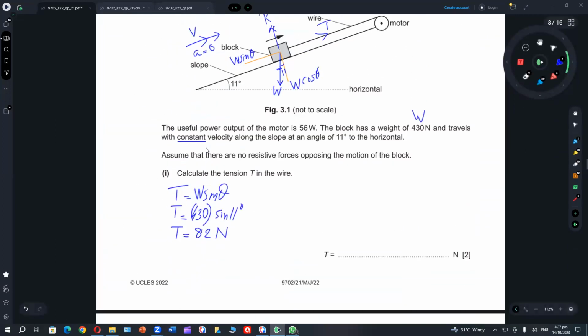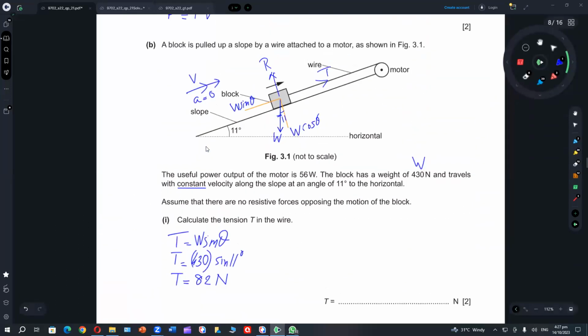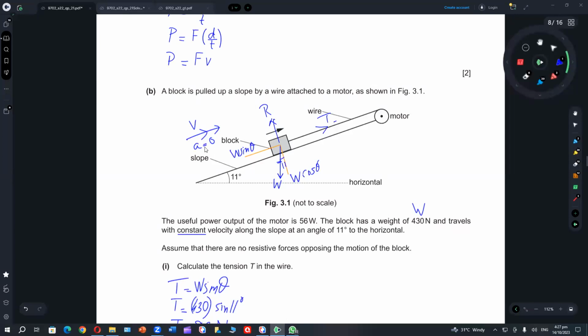Now the speed of the block. The block is going upward. The tension is pulling the object. So if it is pulling it upward, tension will be equal to power upon velocity.